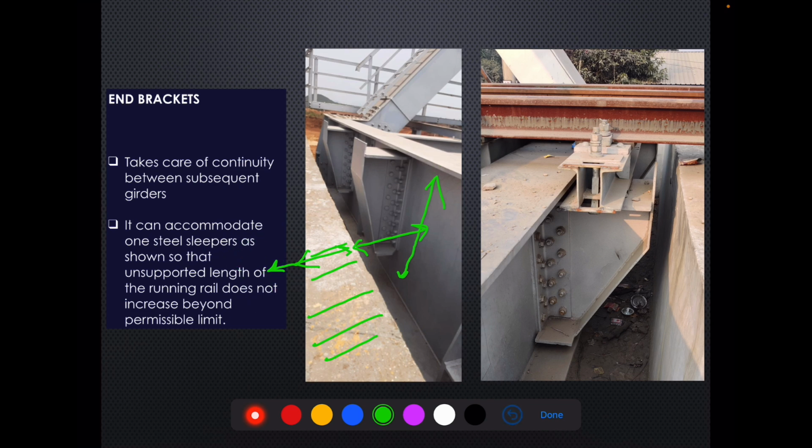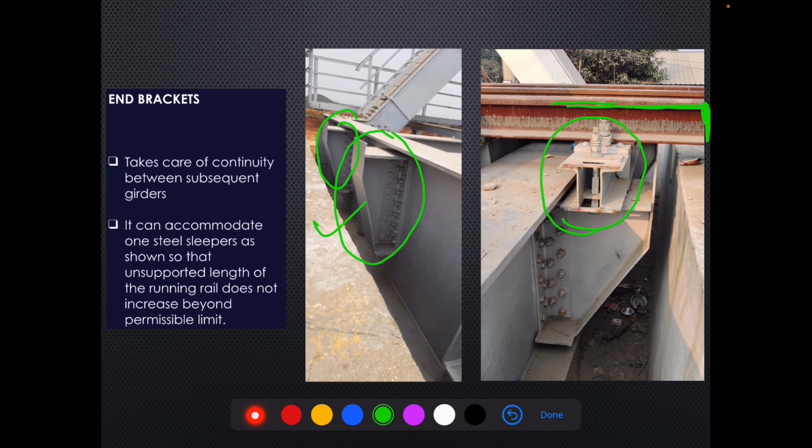To solve this problem, two brackets have been provided at the end, and these brackets are long enough to accommodate at least one sleeper. This gives support to the running rail so that when it gets the next sleeper, this unsupported length is within the limit of 600 to 650 mm normally.